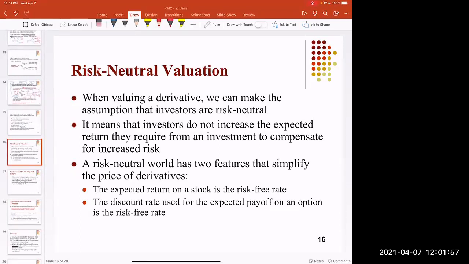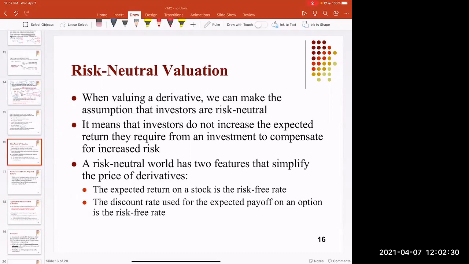But for the binomial tree model, we assume investors are risk neutral, which means no matter how high the risk is, investors do not increase the expected return they require from investment to compensate for increased risk. Okay, so this is the risk neutral explanation.